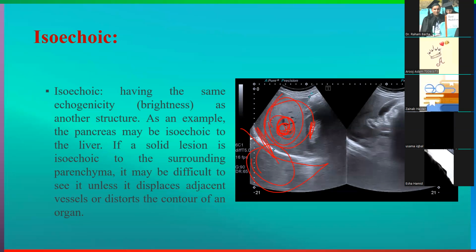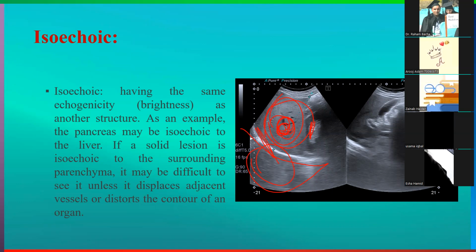The terms well-defined and ill-defined can be used: if the structure is differentiated easily from the surrounding tissue, it is well-defined. But if it is difficult to differentiate the structure of interest from the surrounding tissue, then it is said to be ill-defined, right?